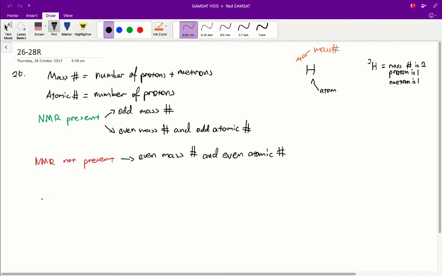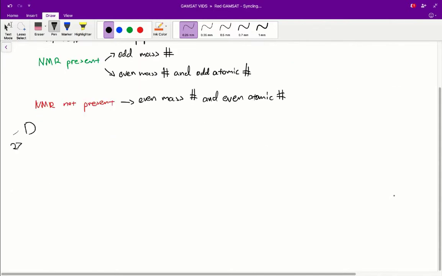So for 1H, since it has an odd mass number, we therefore know it exhibits NMR. And 3H also has an odd mass number, so therefore it also exhibits NMR. So therefore, the correct answer for question 26 is D, that 1H, 2H, and 3H all exhibit NMR.